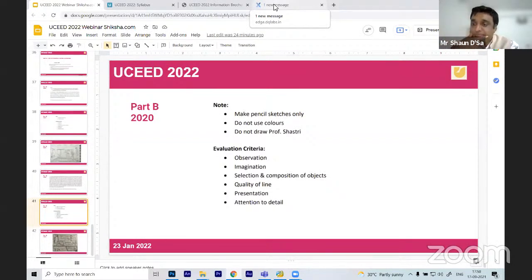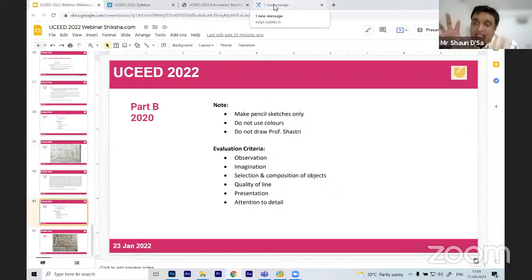Anirban asked how to manage time during the exam. Time management is very important. Please don't think that you have to answer all the questions, because that might work negatively for you.